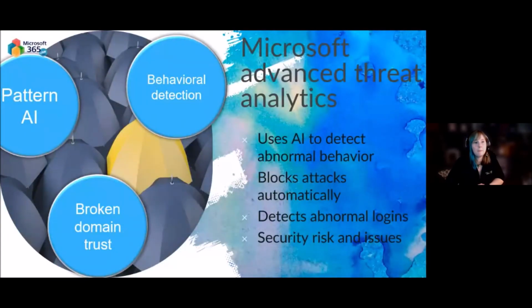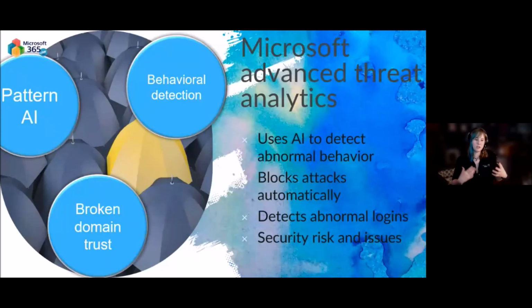Then we have Microsoft Advanced Threat Protection. This threat protection doesn't just give you a code or signature-based type of protection. It uses machine learning with Fusion in order to detect when something is not acting as it should within your organization.